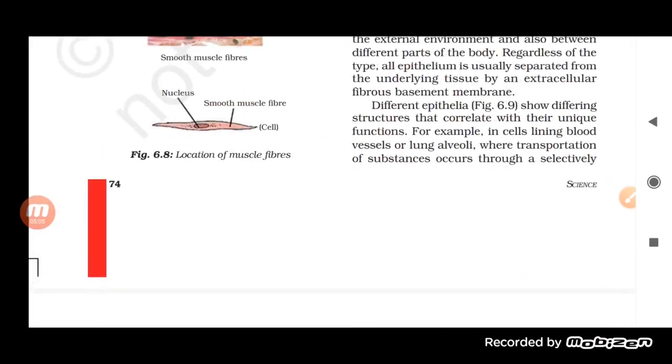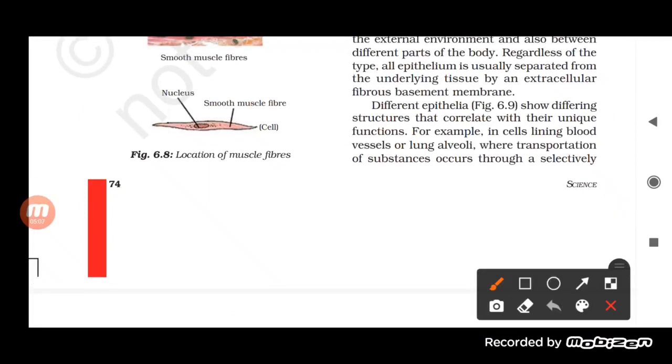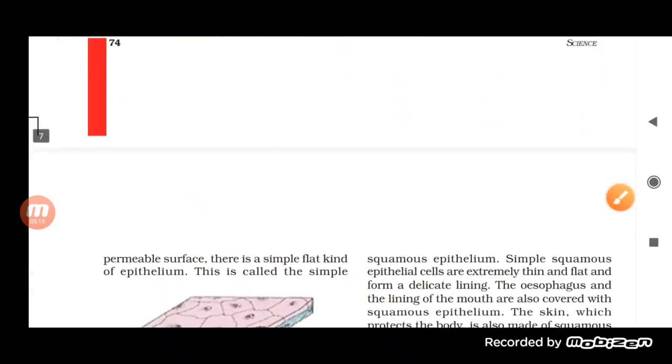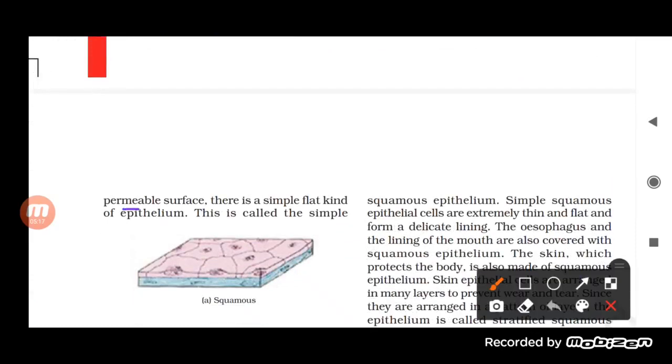Now see here, students, in cells lining blood vessels or lung alveoli, where transportation of substances occurs through a selectively permeable surface, there is a simple flat kind of epithelium, and this is called simple squamous epithelial tissue.